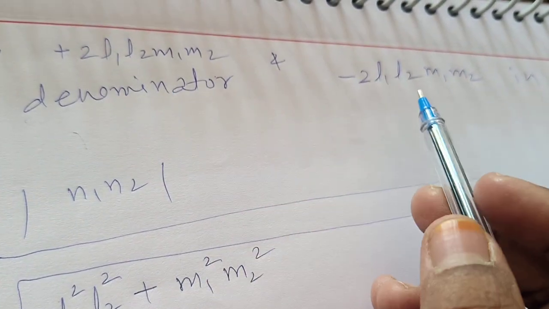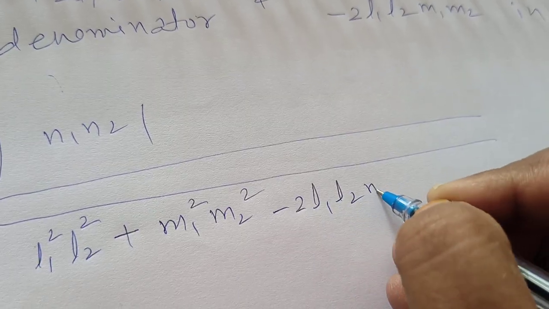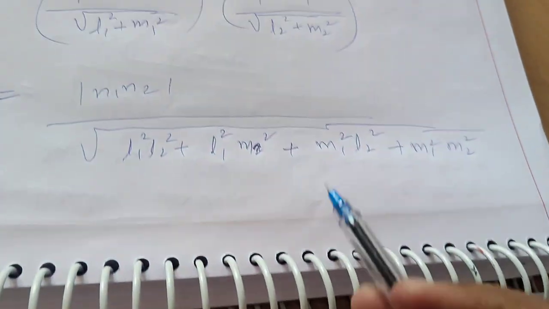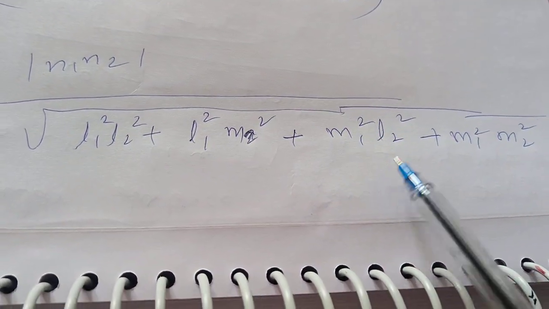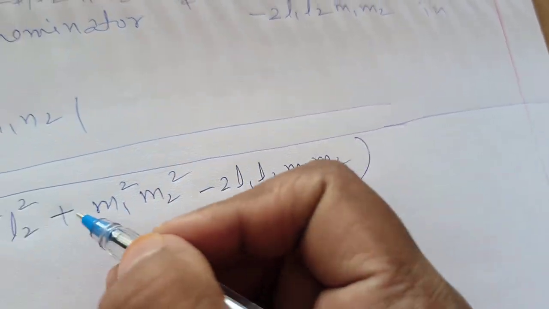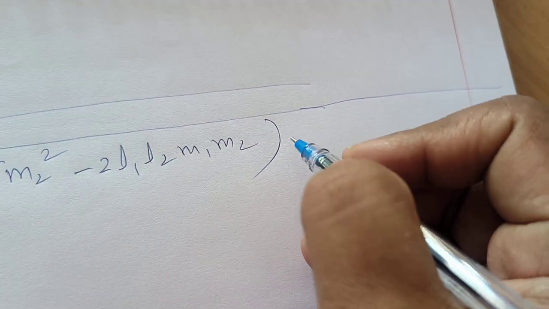Now in between we will write minus 2 L1 L2 M1 M2, and the next terms M1 square L2 square plus L1 square M2 square, in the bracket.